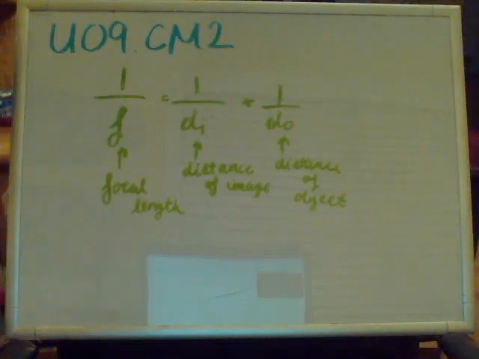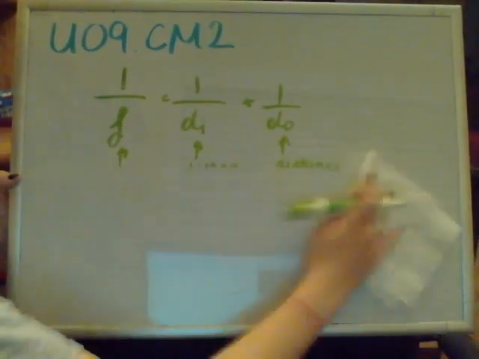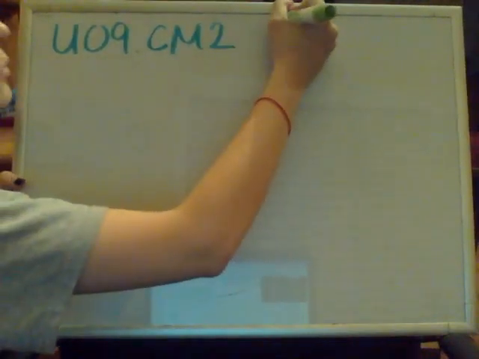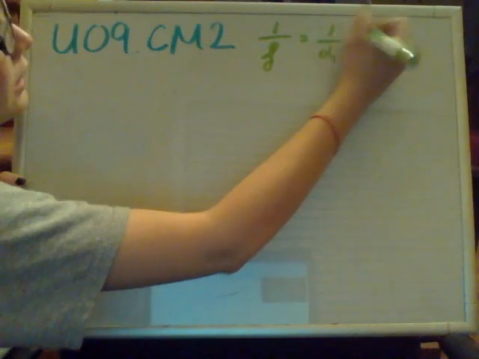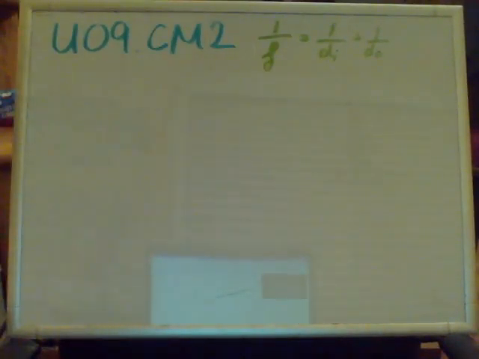So we're going to use that formula and apply it to a problem. We're going to write it up in this corner over here: 1 over f equals 1 over di plus 1 over do. This question says, a concave spherical mirror has a focal length of 10 centimeters.